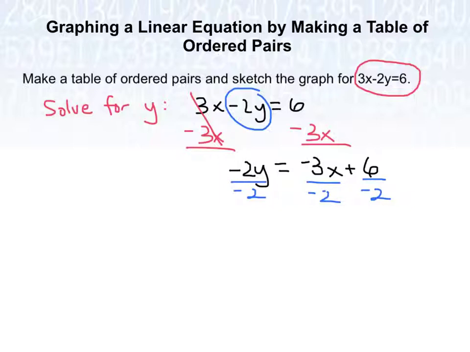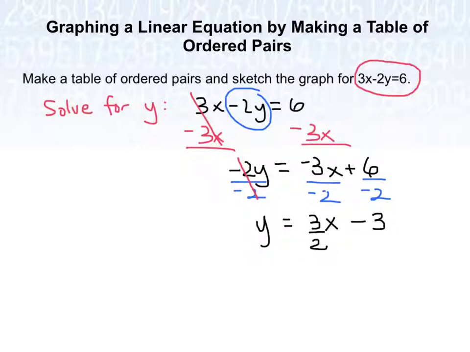So when that happens, negative 2 divided by negative 2 will give us 1y. Negative 3x divided by negative 2 will give us 3/2 x. And positive 6 divided by negative 2 will give us negative 3.